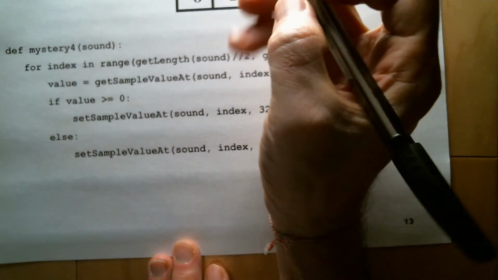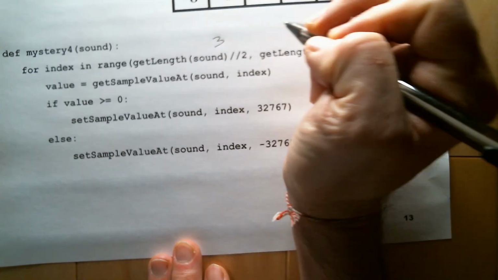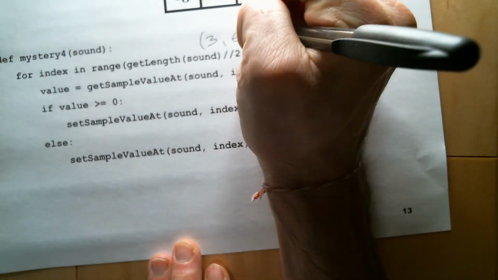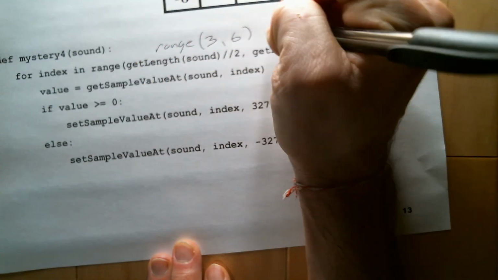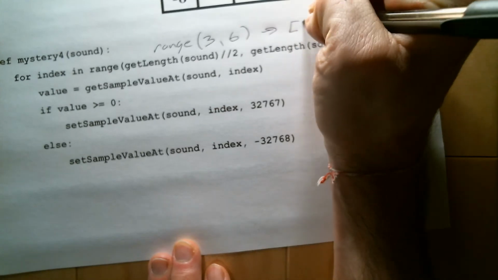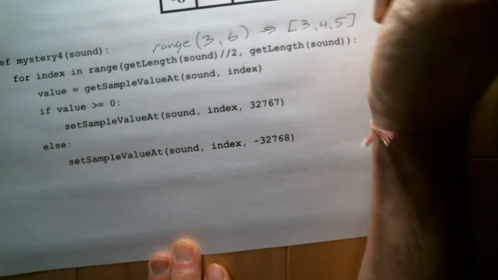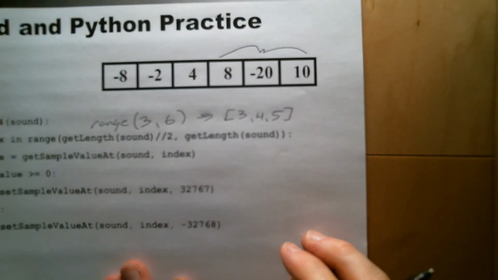So again, 6 divided by 2 is going to give us a 3. The length is going to be 6. So when we do range 3, 6, it gives us 3, 4, and 5, aka the back half of our sound.